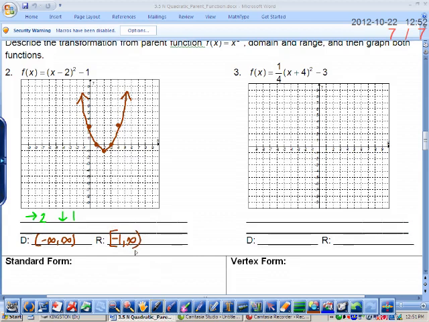All right. Let's look at number 3. f of x equals 1/4 times (x plus 4) squared minus 3. Let's list the transformations in order. All right, what does that 1/4 do? Vertical compression.